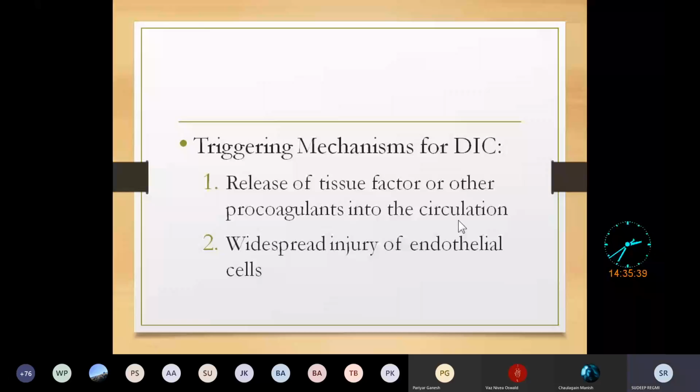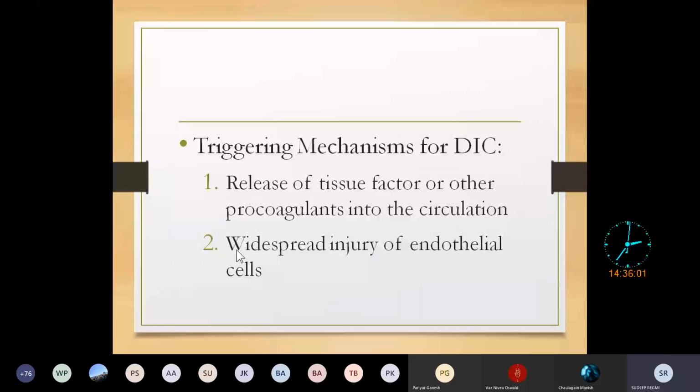This is not due to any localized trauma, but this can be due to either massive trauma or any other primary diseases, which we'll talk about here.